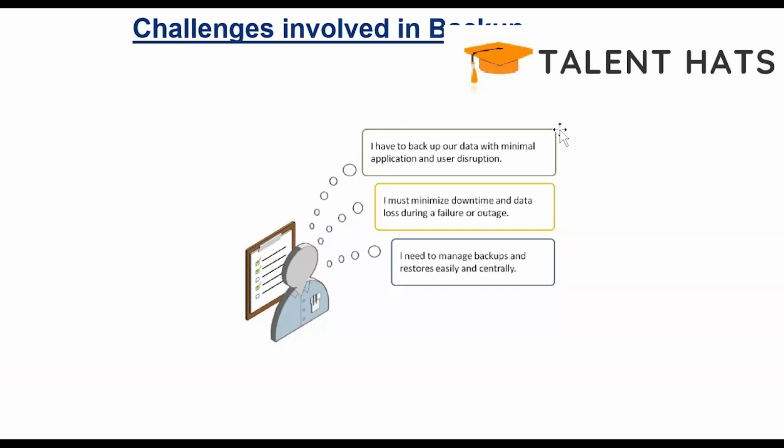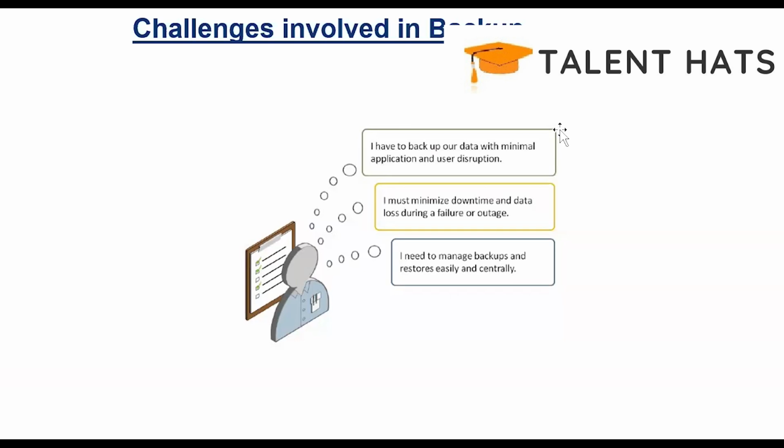Okay, I must minimize downtime and data loss during a failure and outage. So minimize the downtime of data. What is the important data, and how fast can I recover the data? Suppose you have your complete data, images, MP3 files, movies in your laptop.